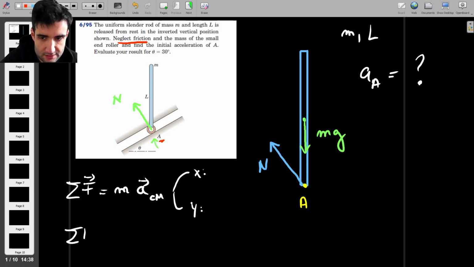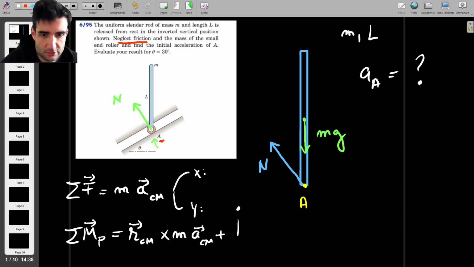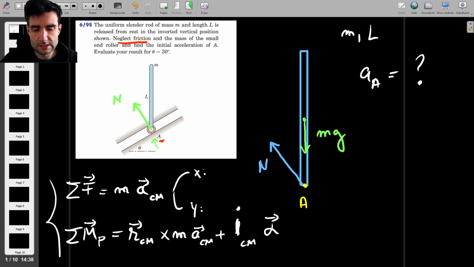And you'd also have that the sum of moments about some point, let's call that point P, is going to be equal to the position vector of the center of mass crossed with mass times the acceleration of the center of mass, plus the moment of inertia about the center of mass times the angular acceleration. So that's all nice and well.